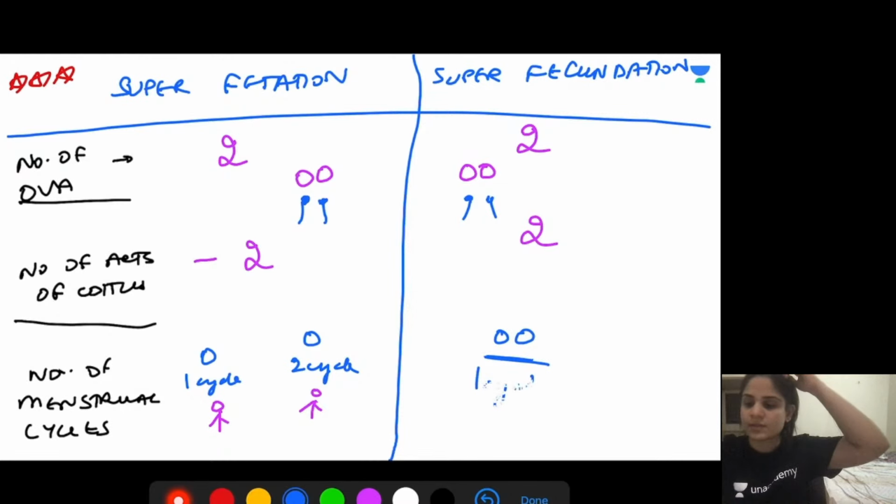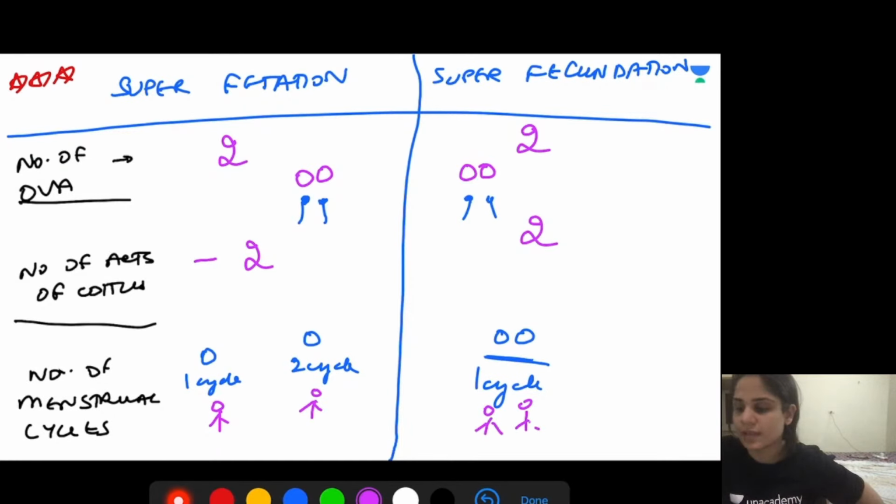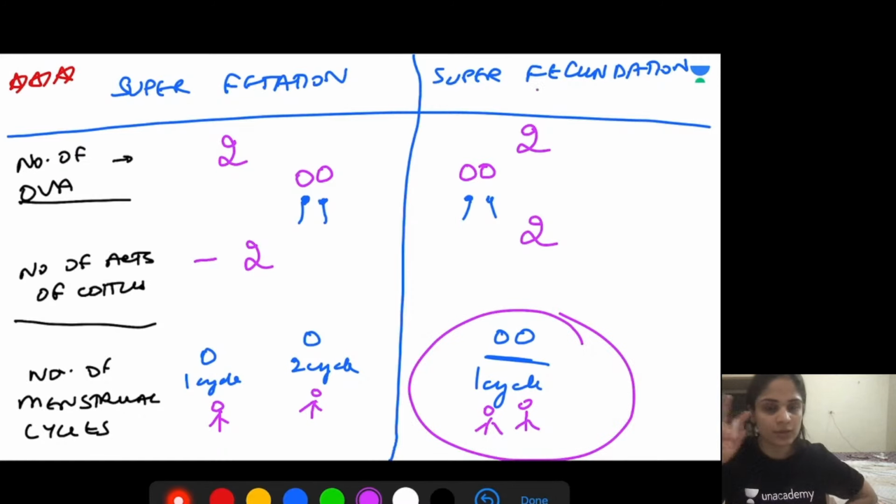So this is your main difference between superfetation and superfecundation. If in the same cycle you are having 2 fetuses, it is superfecundation, and in different cycles, cycle number 1 and cycle number 2, you are having 2 fetuses, then that is called superfetation.